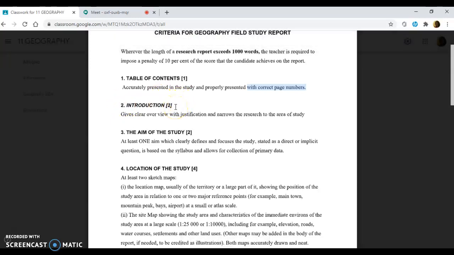All right, the second criteria we're looking at now is the introduction. The introduction is worth 2 marks. For the introduction, you're given a clear overview with justification and narrows the research to the area of study. Overview means that if your SBA is on tourism, in your introduction, you need to talk about tourism and you justify why you're doing the topic.